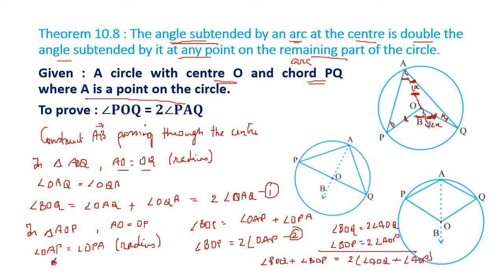But you can see here this angle BOP plus BOQ makes angle POQ, equal to twice OAP plus OAQ, which is PAQ, so twice angle PAQ. Hence it is proved. So what have we proved in this theorem?